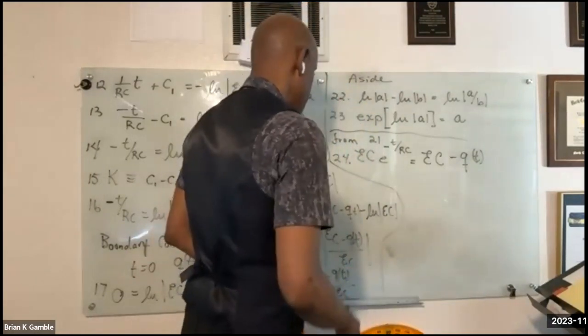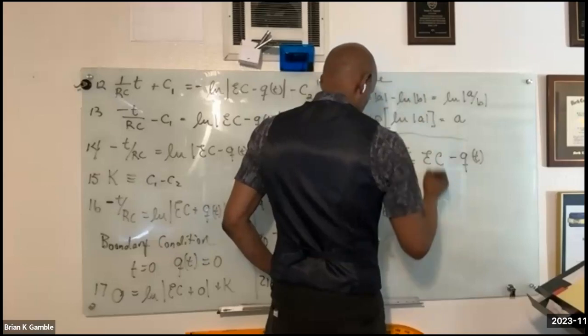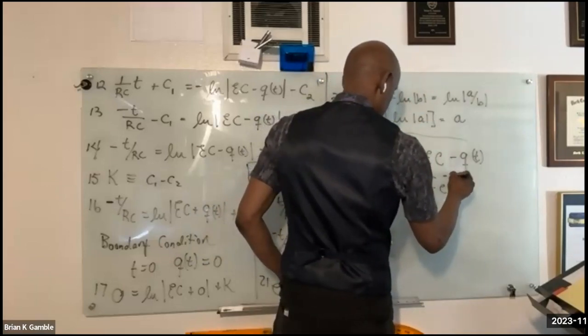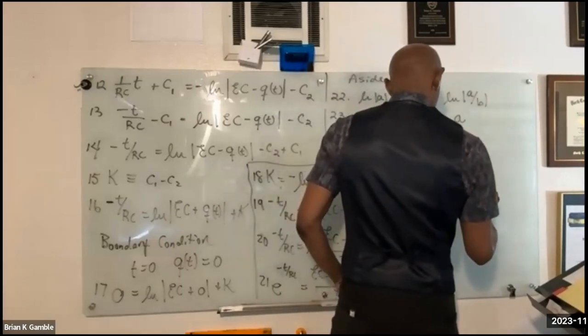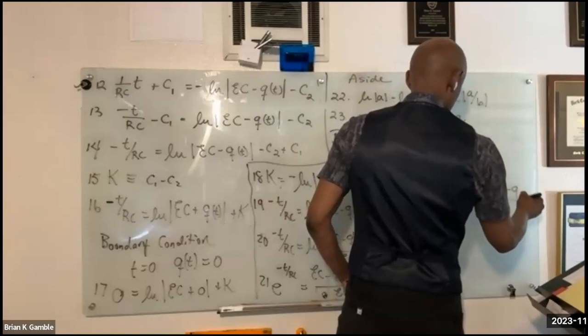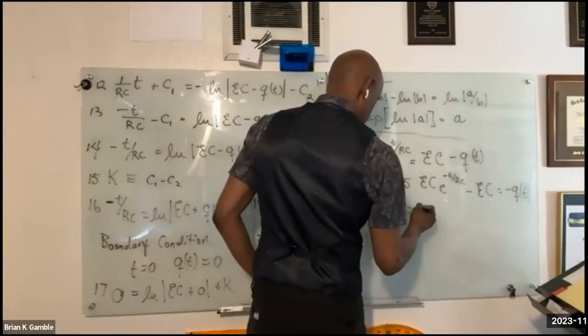So again, just keep simplifying. So we're going to have 25: EC E to the minus T over RC minus EC equals minus Q of T. Then multiply through by the minus sign. We're almost done.